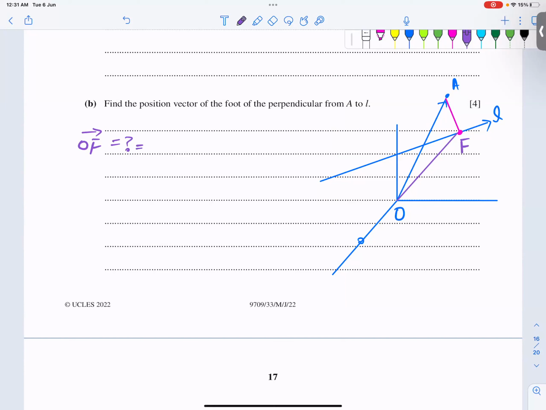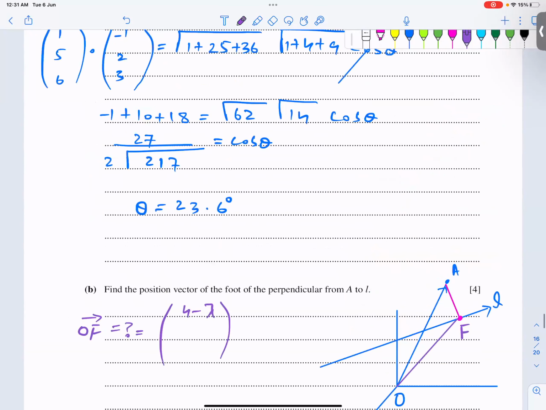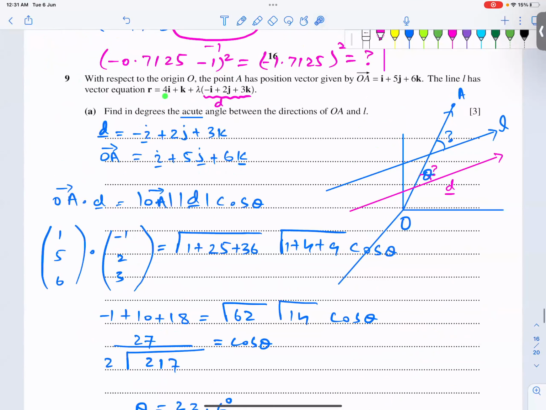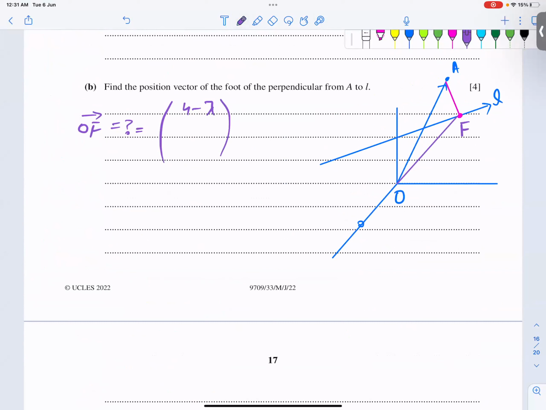In the previous papers, we have learned that any point on the line can be written as the line itself. The line was 4 minus lambda, 1 plus 2 lambda, and 3 lambda. So any point on the line can be written as 4 minus lambda, 2 minus 2 lambda, and 1 plus 3 lambda. Now you will find the vector AF.